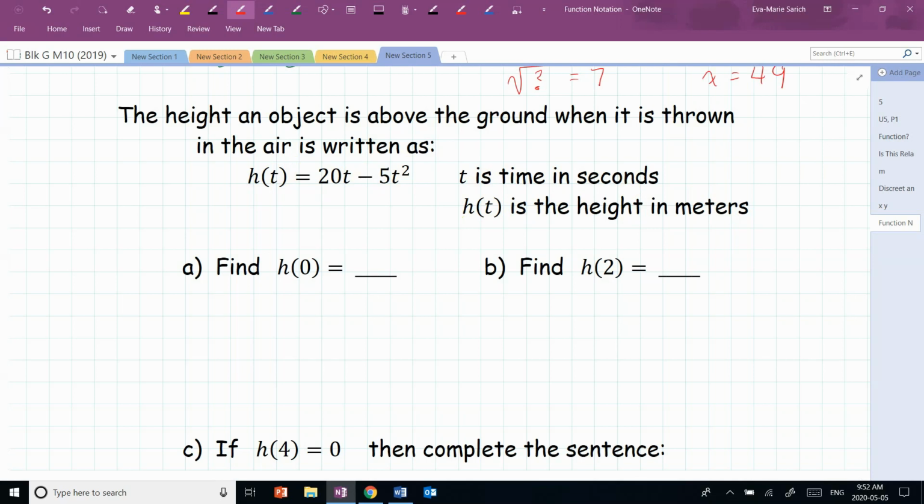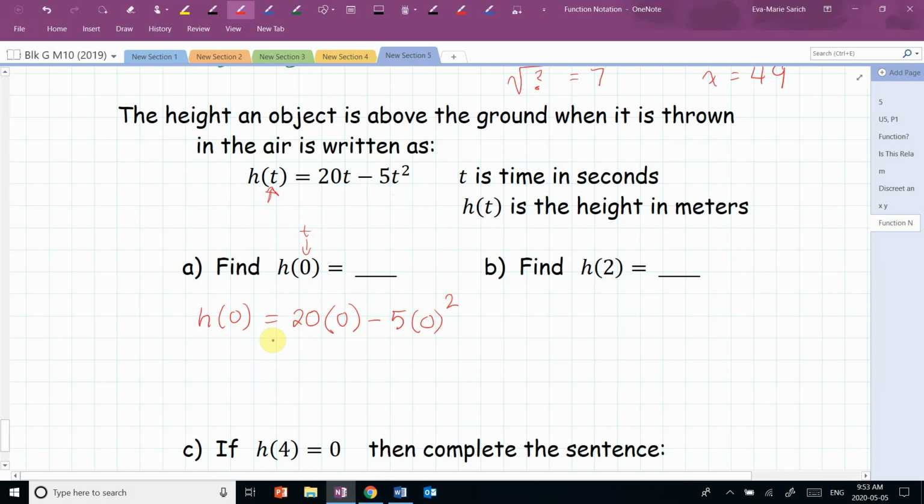Okay, so we're going to start with h at 0 and figure out what that equals. Remember, h at 0 means that the 0 is in fact the t. So we take the t out and substitute the value 0 in: 20 times 0, subtract 5 times 0 squared.